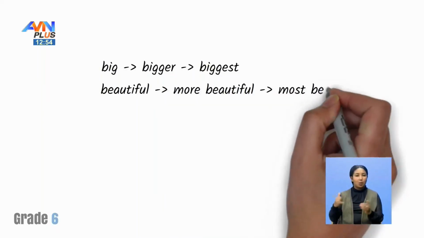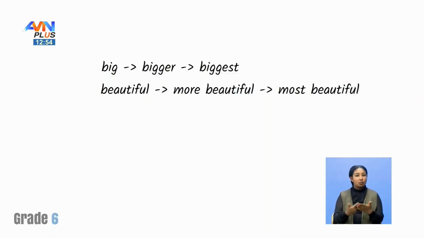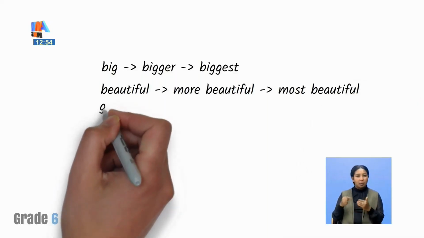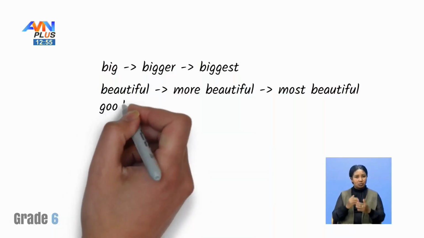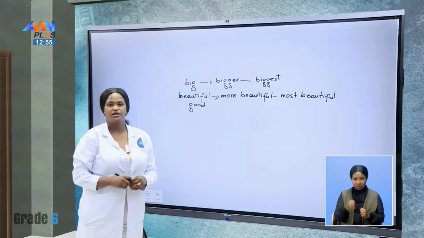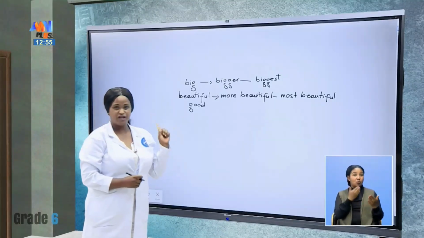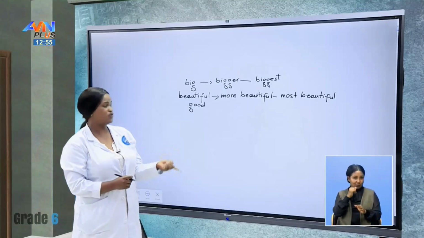Most beautiful. Nice. How about good? How about this word good? Do we say gooder or more good? No. Good is one of the irregular adjectives, so it becomes what?